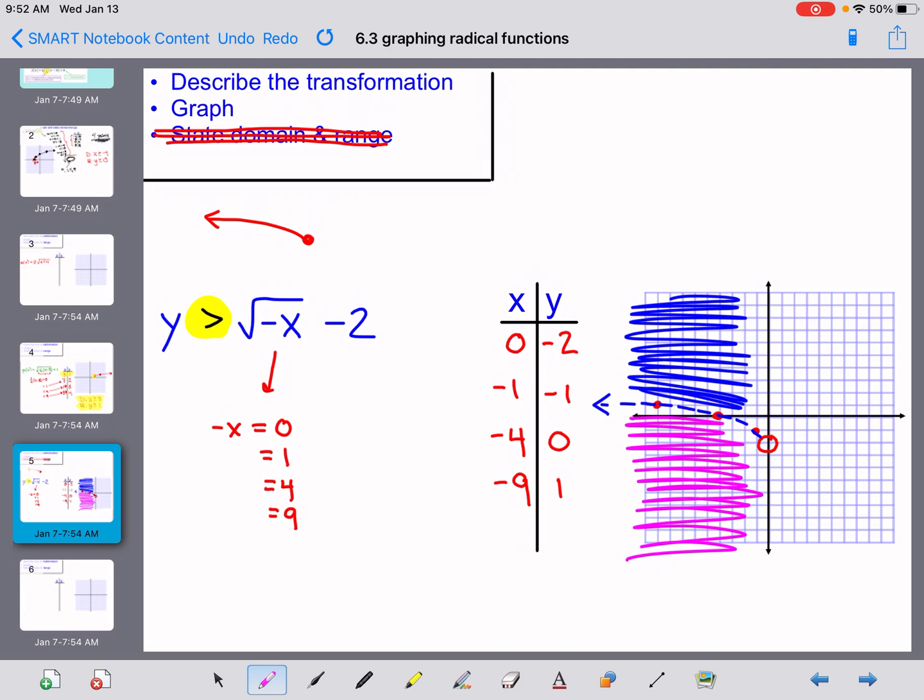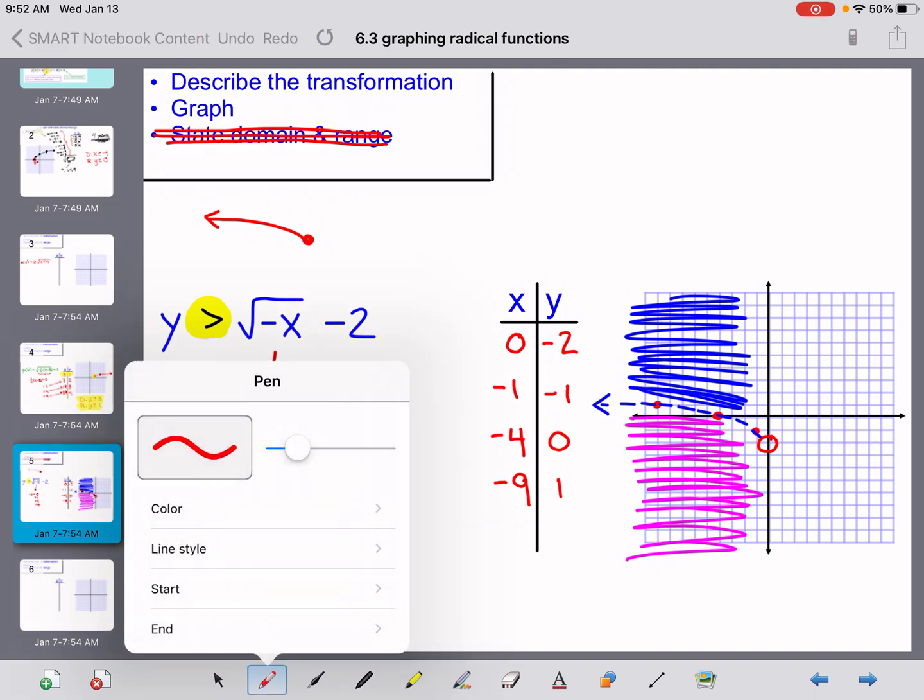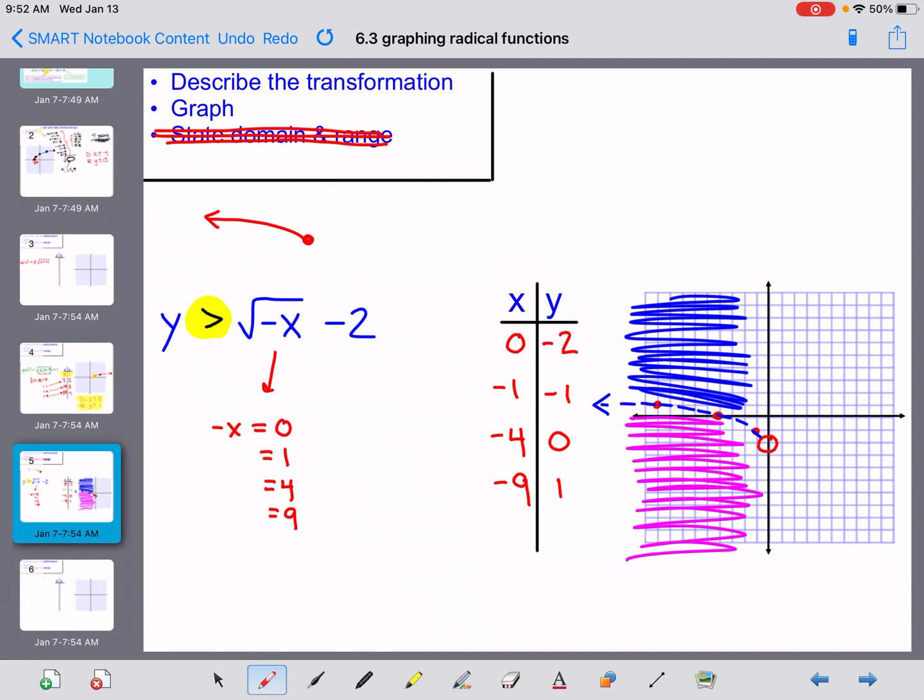So how do I decide if I'm going to shade the blue or shade the pink? We're going to test a point, either in your head or on paper. I'm going to do it on paper. You want to test something either above or below.